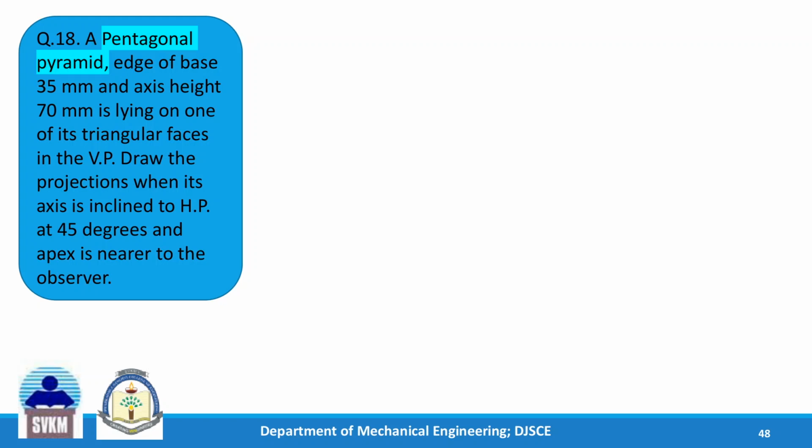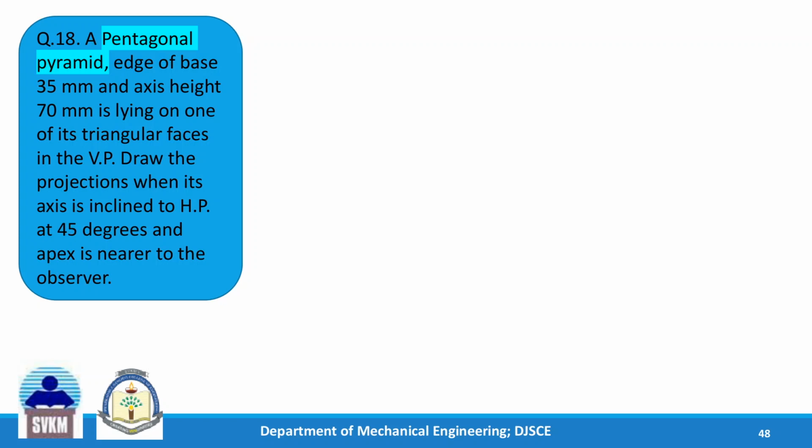So that is the data for the first step. Second step, read further: draw the projections when its axis is inclined to HP at 45 degrees and apex is nearer to the observer. Axis is inclined at 45 degrees. This is the data for the third step.